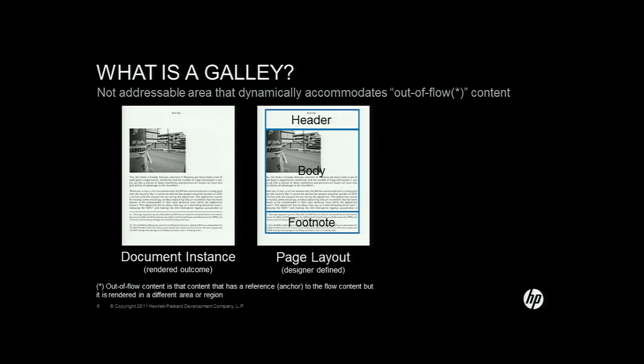A designer will typically design this as 3 areas: a header, a body, and a footnote. And if a designer designs this in visually driven tools like InDesign or WorkExpress, that will generate areas for each of these elements, and they will make sure that the content is correctly positioned and everything like that.